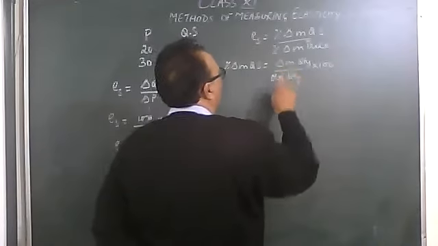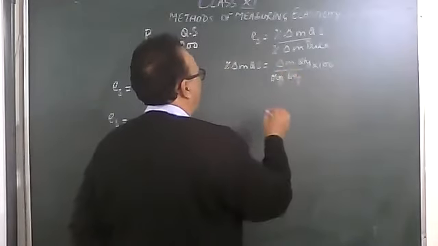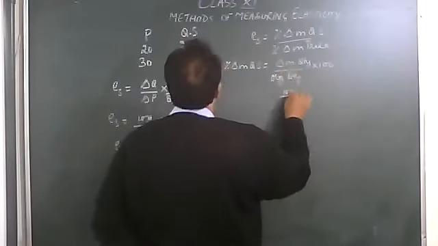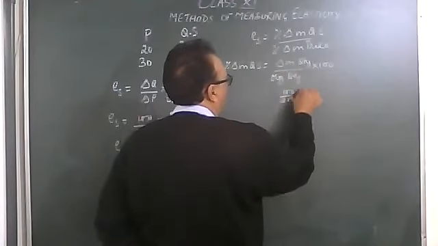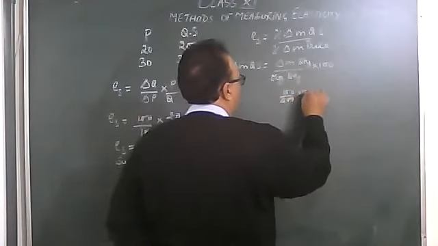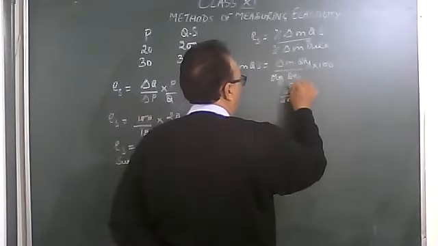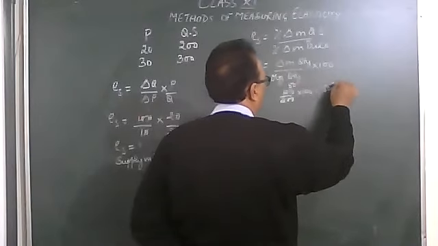Change in quantity would be 100 upon original quantity 200 into 100, that is equal to 50%.